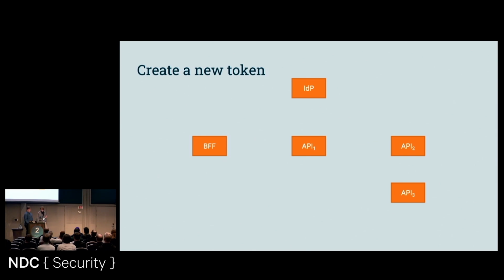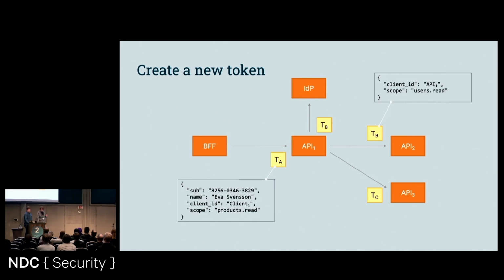A common pattern is to do like this. You get the token A, but that's only valid for API 1. Then API 1 will use client credentials and get a token for API 2 and then another token for API 3. Then we have solved the scope issue because we have least privilege. We have just the scopes and audiences we need for each request.